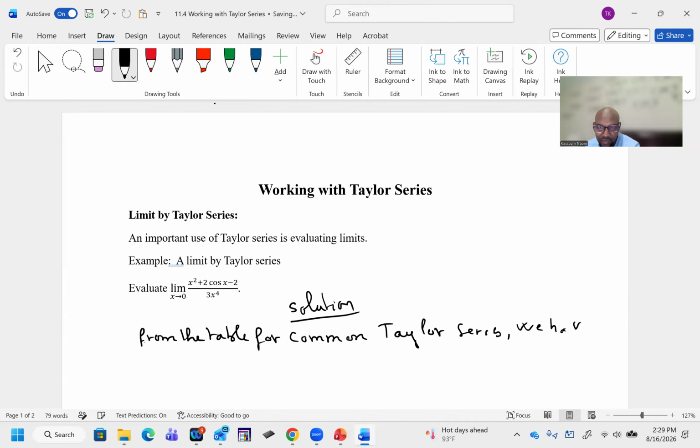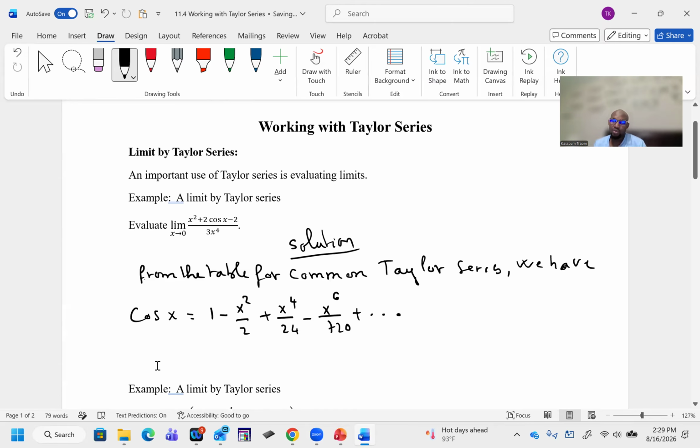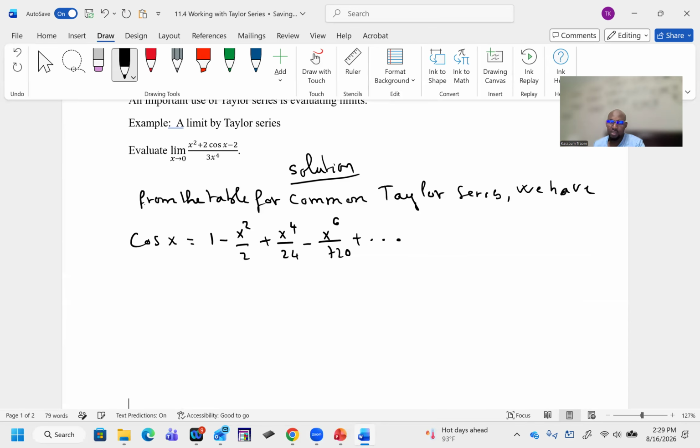Cosine of x is equal to 1 minus x squared divided by 2 plus x to the power of 4 divided by 24 minus x to the power of 6 divided by 720 plus and so on. All right, this is from the table. I hope you do remember that. So we know this one.